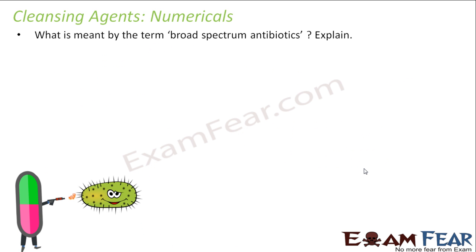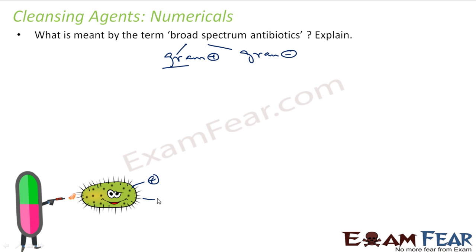The next is, what is meant by broad spectrum antibiotic? We have told that broad spectrum antibiotics are the ones which are effective against both gram positive and gram negative bacteria. In fact, any bacteria can be classified as gram positive or negative, based on whether it can take the color of the gram stain. So if a particular drug is effective against both, that means it is effective against all the bacteria.